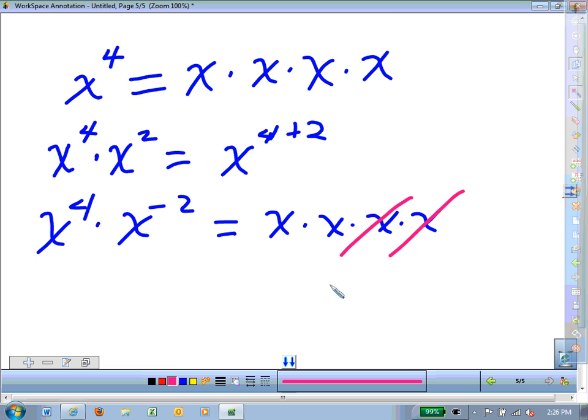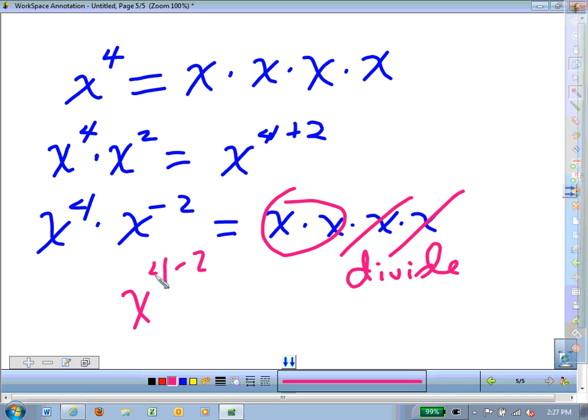So get rid of that one, and we've backed up 2, haven't we? So it's still counting, it's just which direction do you count? So you lose factors when you use a negative. So I count out 4, back up 2, and I end up here. The answer would be x to the 4. Oh, it's still the rule. Add those numbers and get x squared, right?